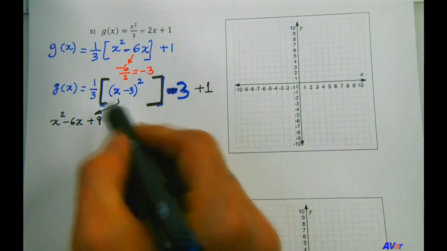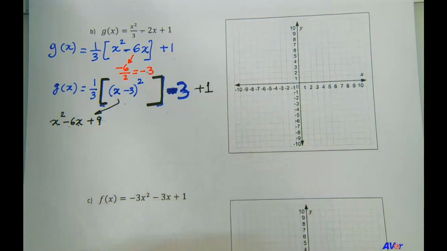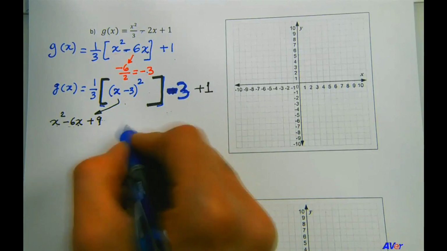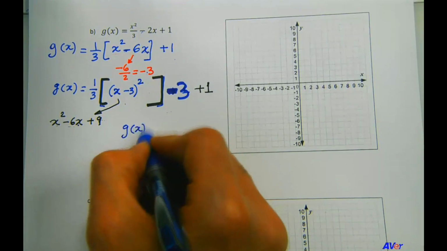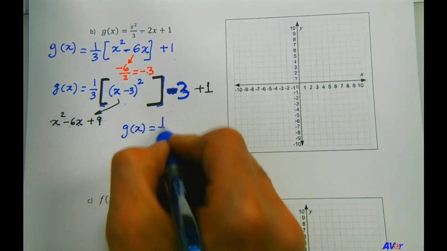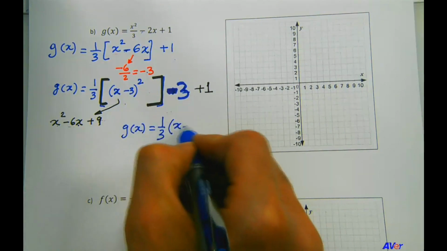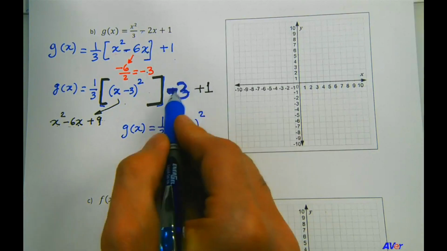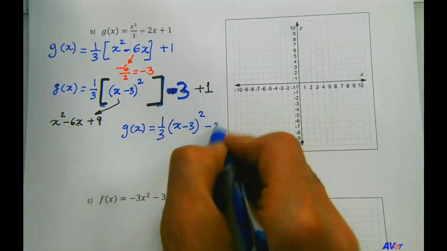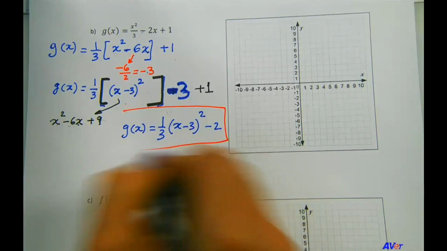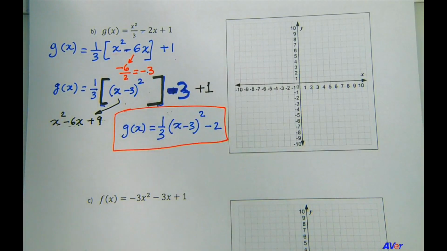Okay, so let's clean this up and write it in a more clean and concise way. So g of x is equal to 1/3 times x minus 3 squared, minus 3 plus 1, minus 2. Like that.